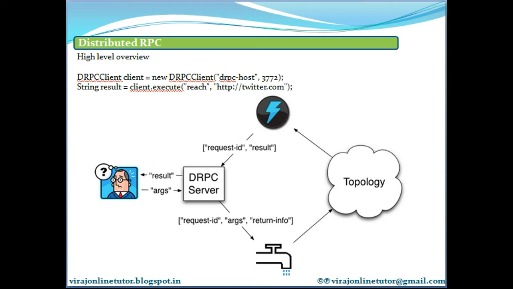The Storm topology takes as input a stream of function arguments and it emits an output stream of the results for each of those function calls. Distributed RPC is not so much a feature of Storm as it is expressed using Storm's primitives.